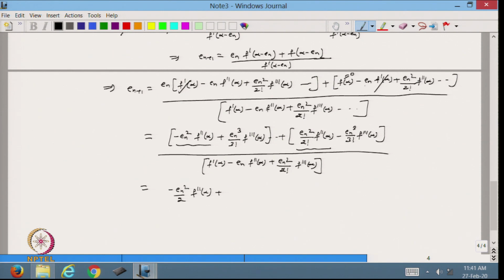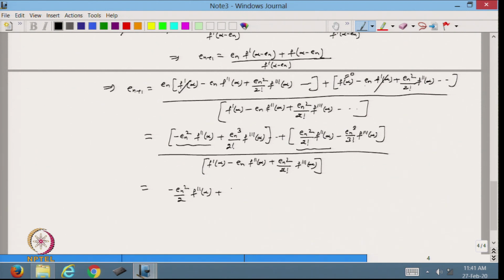So, this is basically 2 factorial. Okay. So, that En will multiply En cube by 2 factorial. So, f triple dash alpha, and here it is minus En square plus next is En cube by 3 factorial and so on.